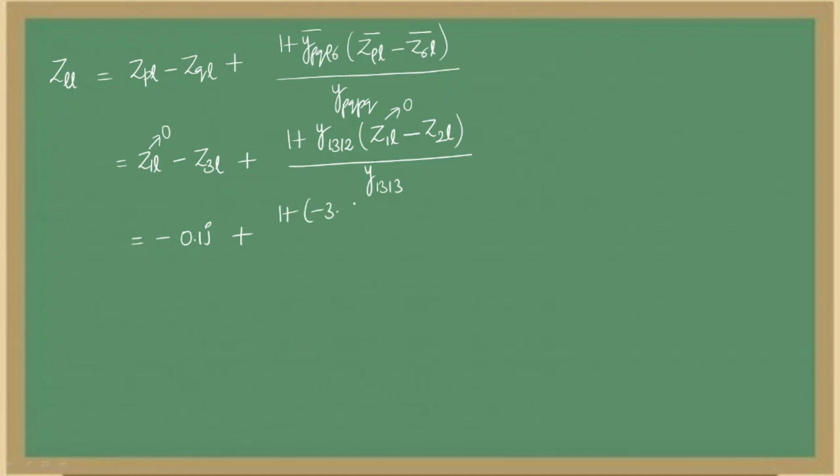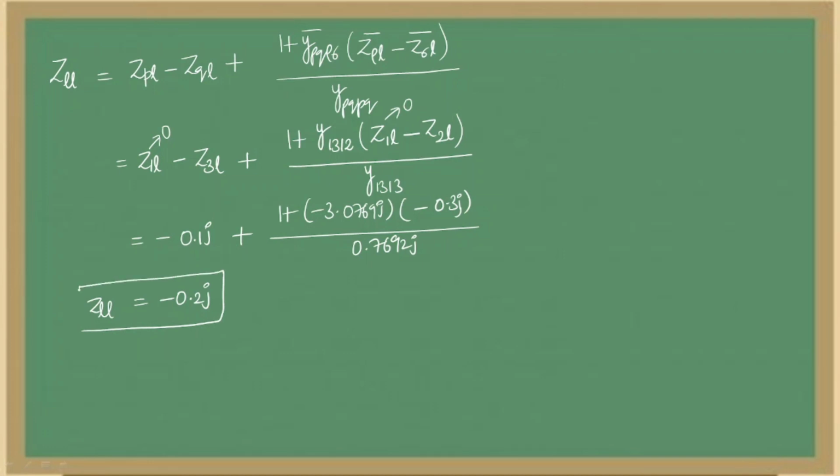It is minus 3.0769J multiplied with minus Z2L. What is Z2L? 0.3I or 0.3J. Okay. You can consider either I or J completely, and it is divided with 0.7692J. Okay. So if you evaluate this with the help of a calculator, you will get this ZLL value as minus 0.2J.